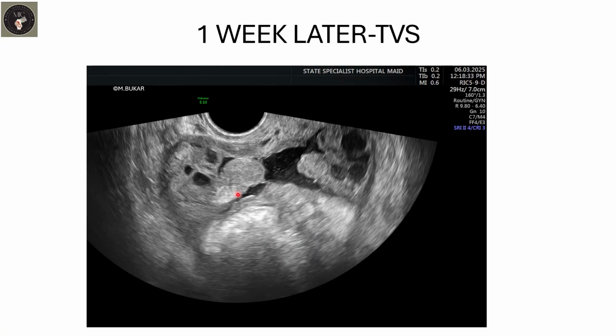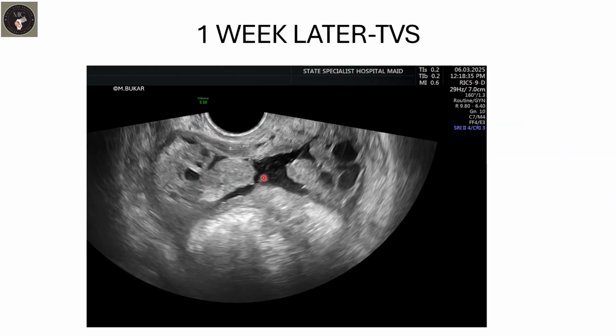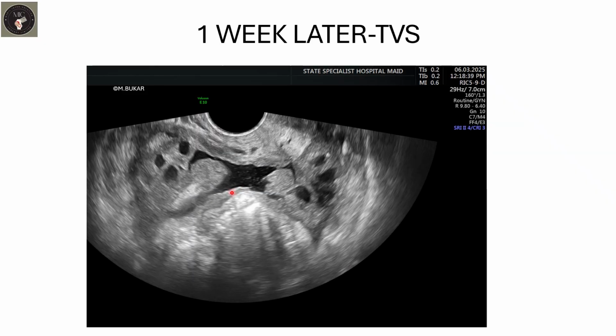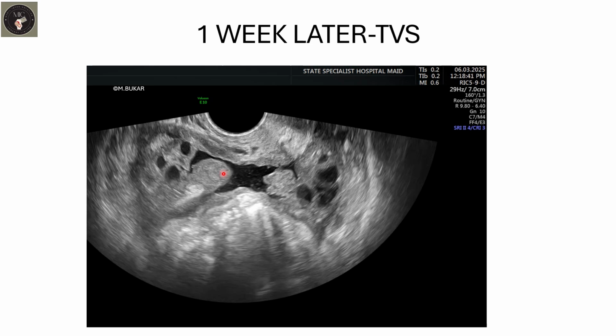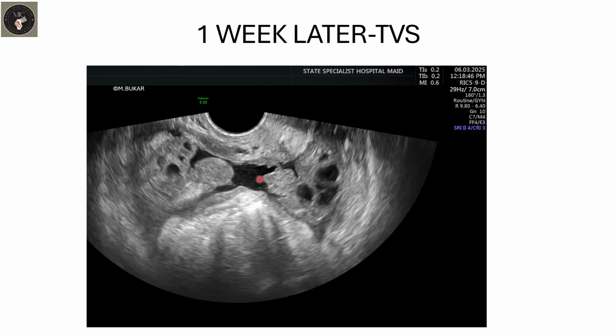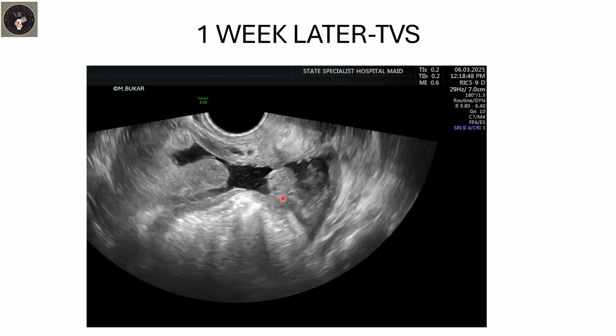You can see that the debris on the surface appears to move on probe pressure, and as it moves, it appears to disperse the echogenic materials into the ascitic fluid.